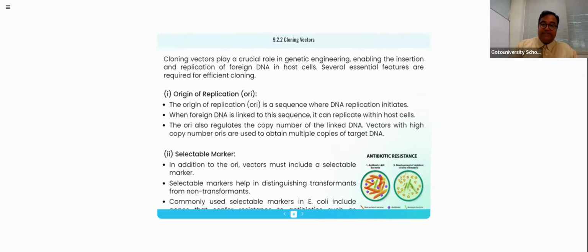Now we are coming to the selectable markers. For example, I'll say the selectable markers' application in disease, then I'll come to biotechnology. For example, one particular woman has a breast tumor. In that breast tumor patient, an unusual protein, BRCA2, is produced by the breast cancer patient.